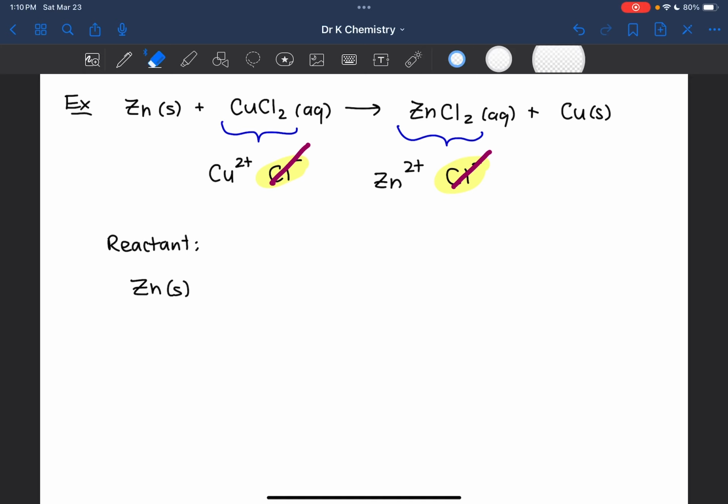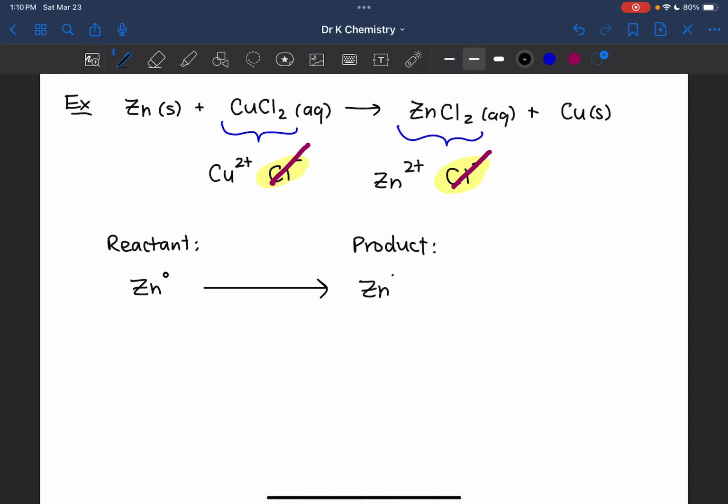That means it has a charge of 0 because it's neutral. On the right side of the equation, on the product side, we end up with zinc with a +2 charge. Well, in order to become a cation, it means it must have lost 2 electrons. So zinc lost electrons, which means zinc got oxidized.